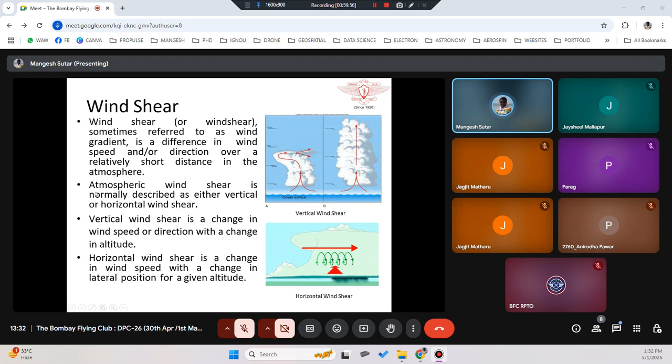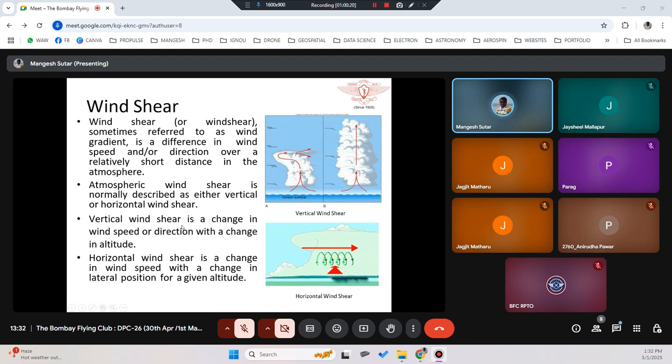Wind shear, as I talked, there are two types of wind shear. Okay, referred to as a wind gradient, it is a difference in wind speed and/or direction over a relatively short distance in the atmosphere. Atmospheric wind shear is normally described as either vertical or horizontal wind shear. So you can see here, the vertical wind shear. So it will always change with the height.